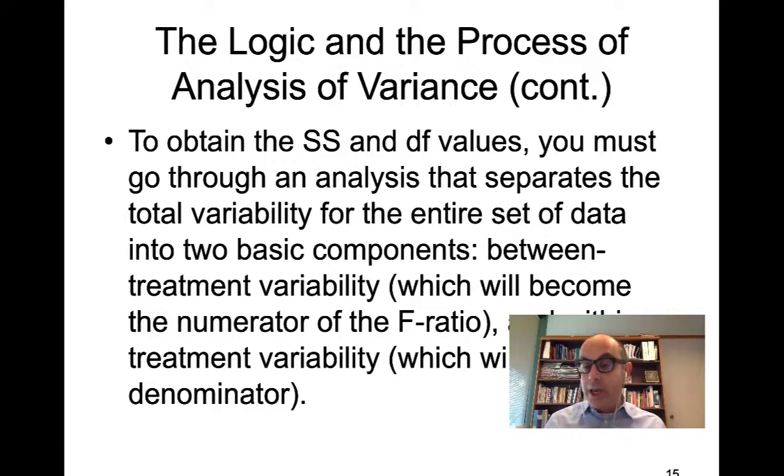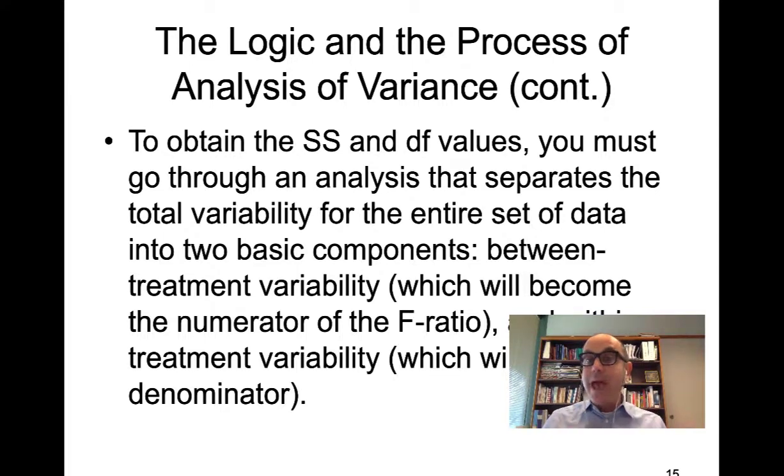So the logic and the process of analysis of variance is to obtain the SS value and the DF value, and then go through the analysis that separates the total analysis of the entire set of data into two basic components: between treatment and within treatment.